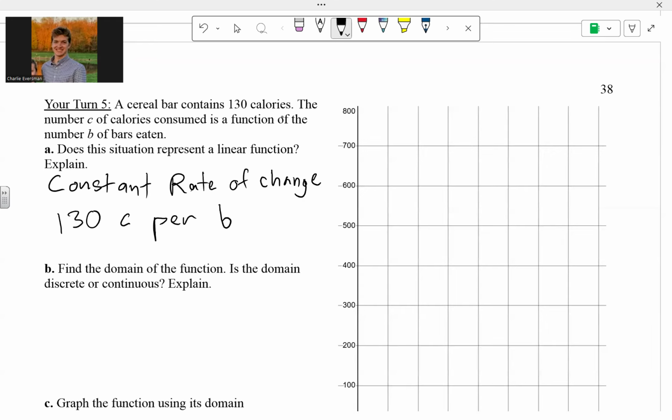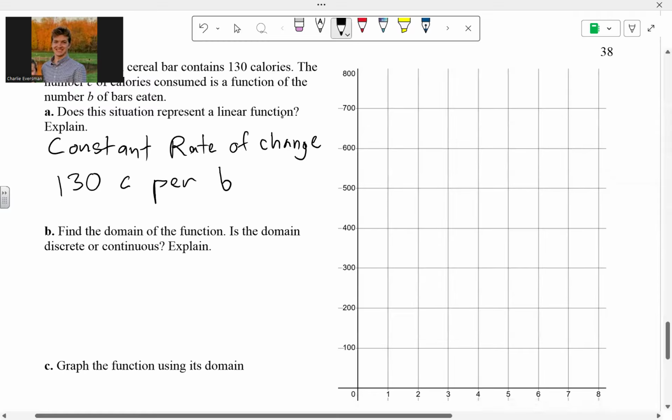And that is the task that you'll have to do in the linear project: figure out a situation where, is the rate changing as I add one of something? Does it go up the same amount all the time? People were trying to do stock market in my other class. That does not work, right? That does not change in a linear fashion.